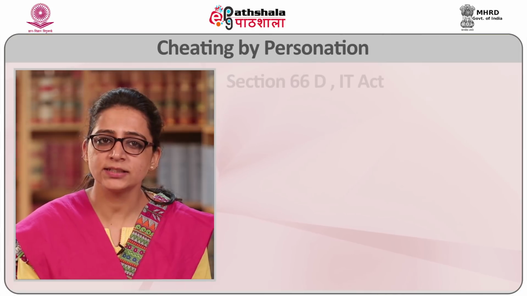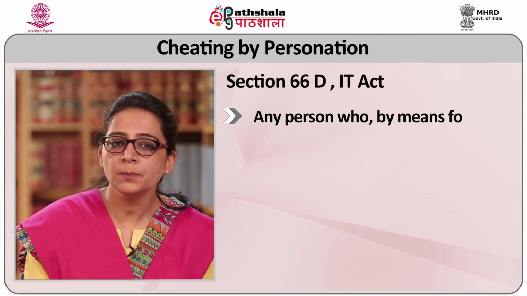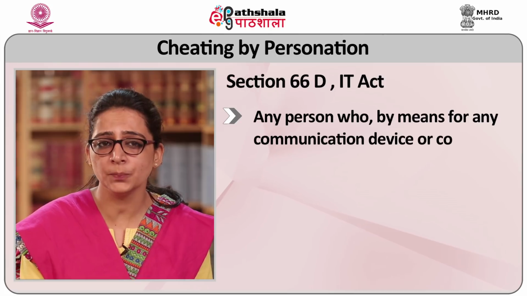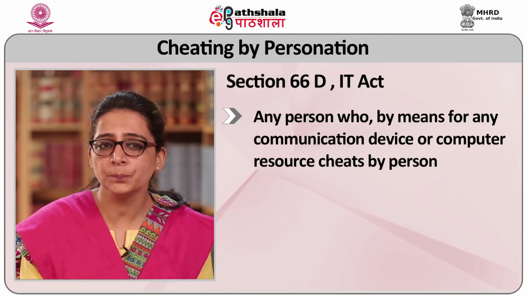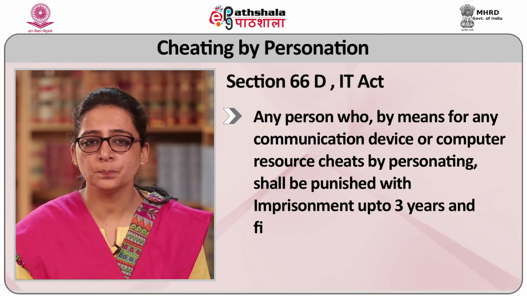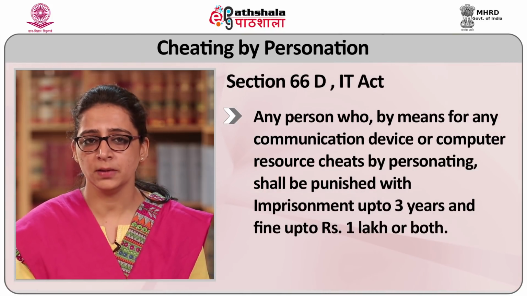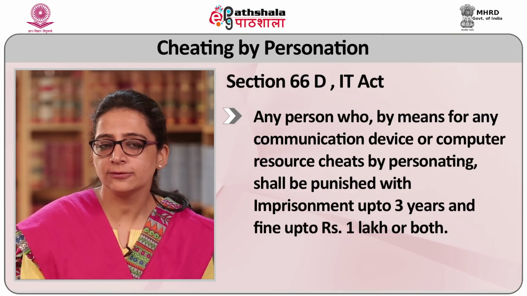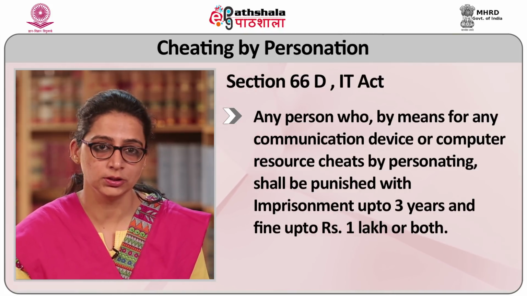Section 66D says punishment for cheating by personation by using computer resource. This section specifies on cheating and impersonation. It says that any person who, by means of any communication device or computer resource, cheats by personating shall be punished with imprisonment up to 3 years and fine up to 1 lakh or both.